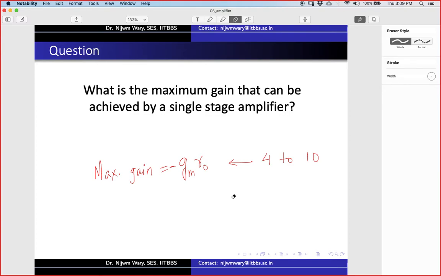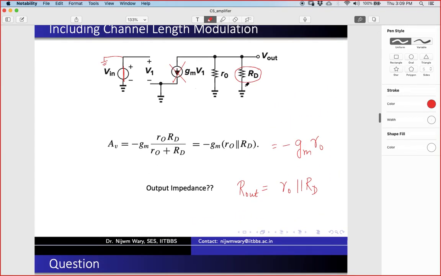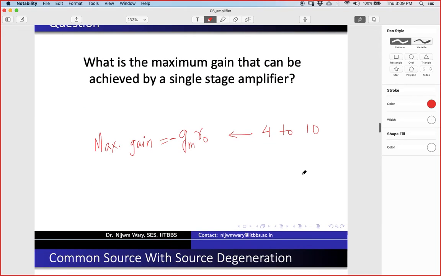Yes. Okay, great. But now the question again arises: how do you get this RD infinite? How does the circuit look ideally? It looks something like this: if I put an ideal current source here, flowing a current ID, the gain expression is GMRO.